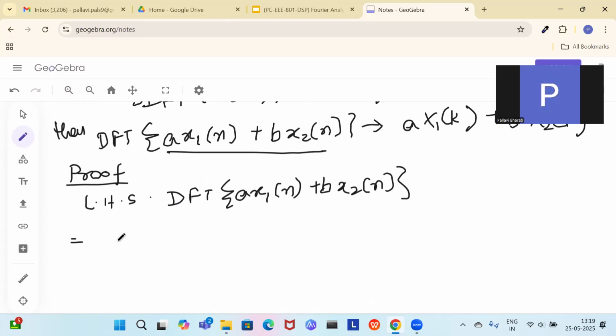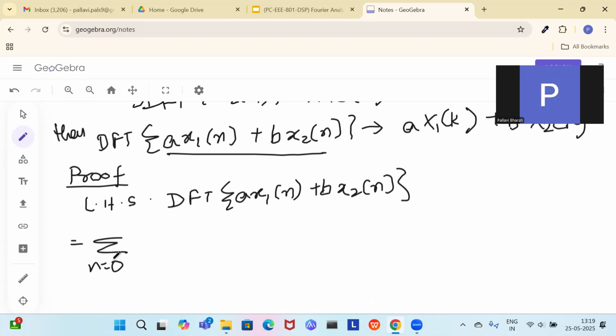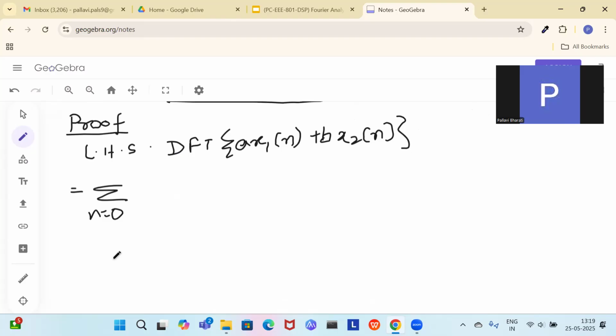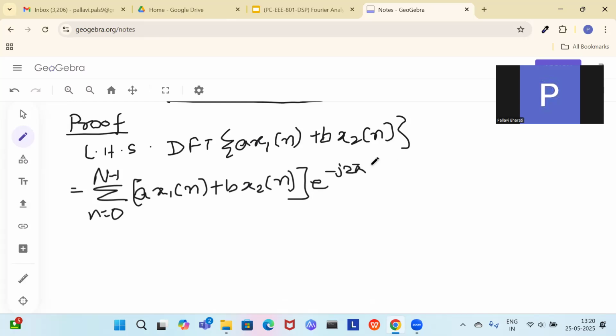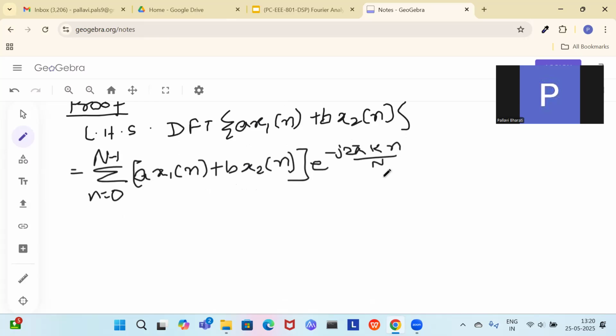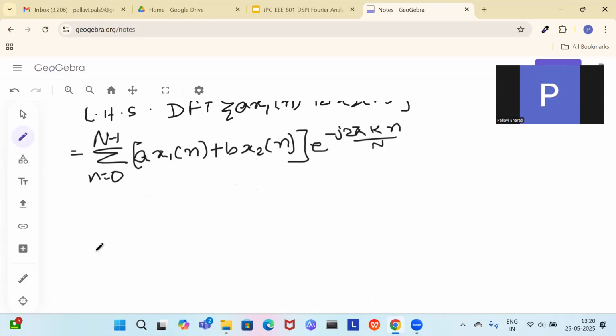The formula for DFT is the sum from n equals 0 to capital N minus 1 of a x1(n) plus b x2(n), times e to the power of minus j 2 pi k n by N.